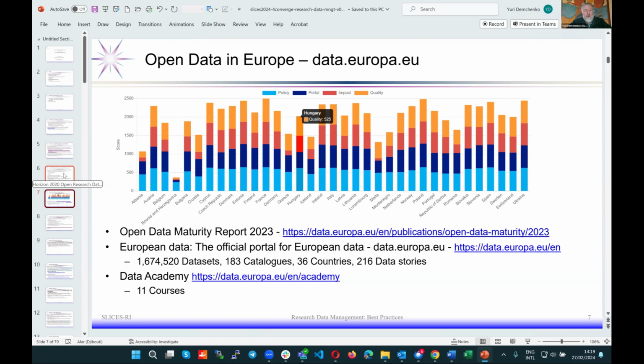So now it can be treated as a maturity of open science policy in Europe, and Europe even published an Open Data Maturity Report. You can find this at this URL, where there are open data maturity statistics for 2023, and you can see which countries are advanced and which are not.